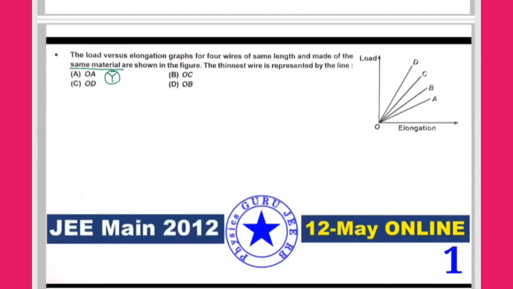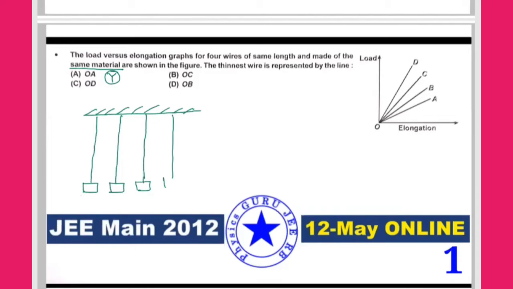See, 4 wires are there, let me take them like this: 1, 2, 3 and 4 wires, right? Load versus elongation for the same length, made up of the same material. If I attach a load here, first, second, third, fourth, we get elongation as well as load.